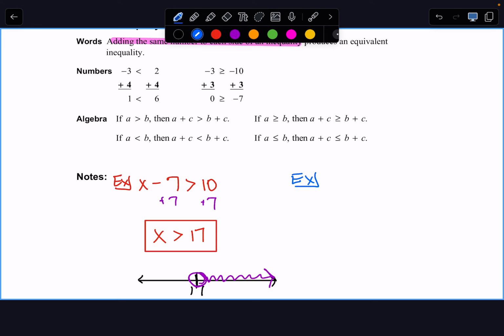Example number 2. Okay. Now, if I want x to be by itself, then I need to undo that minus 3.